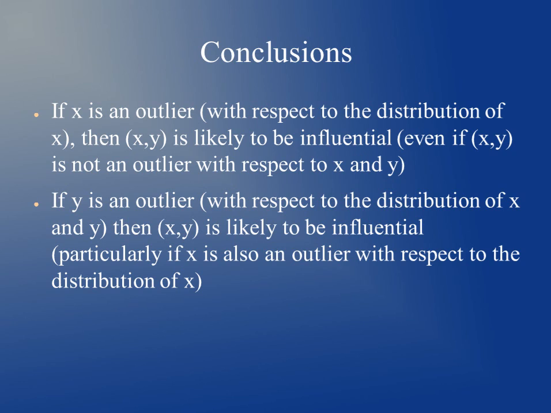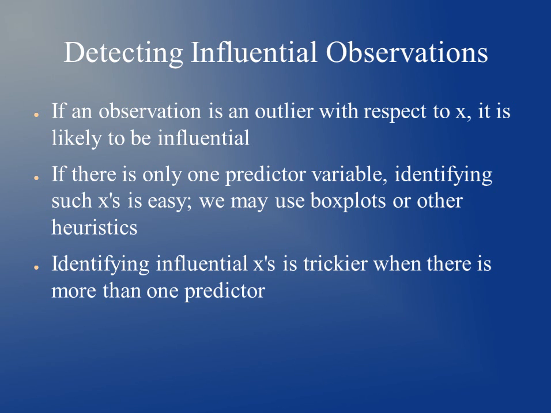But if y is an outlier with respect to the distribution of x and y, then (x, y) is likely to be influential. And this is particularly so if x is also an outlier with respect to the distribution of x. So x is very influential in our model.